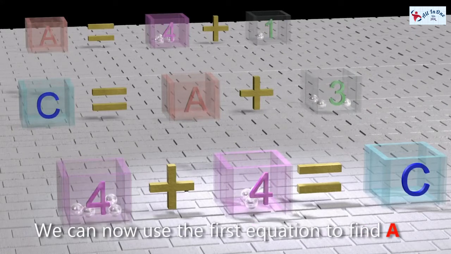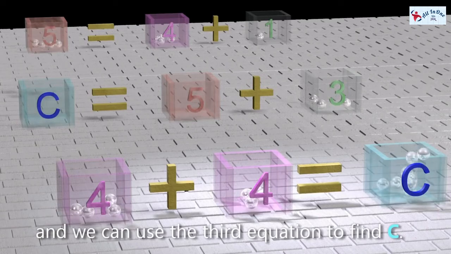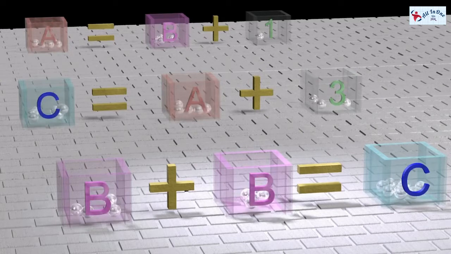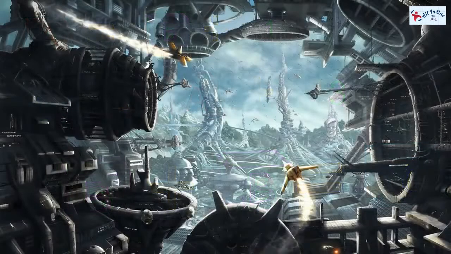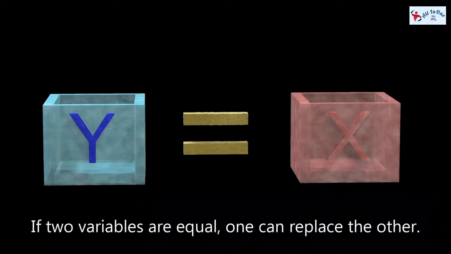We can now use the first equation to find a, and we can use the third equation to find c. If two variables are equal, one can replace the other.